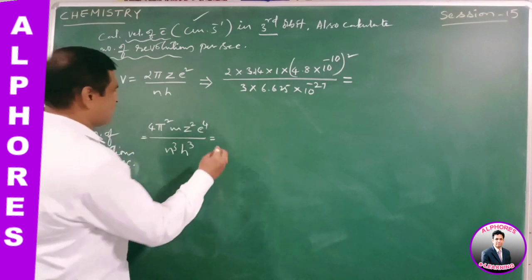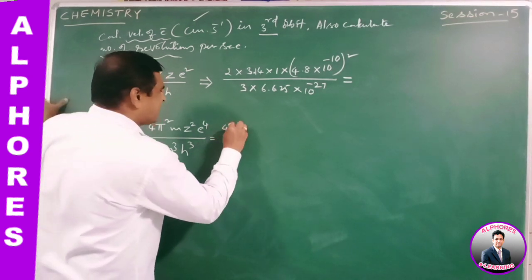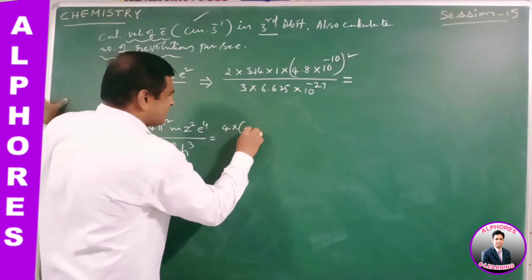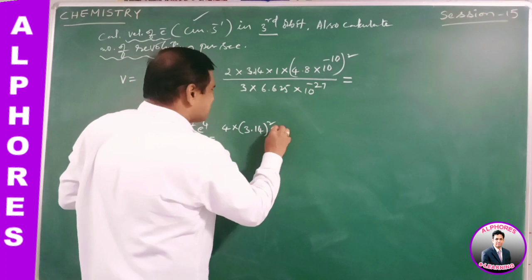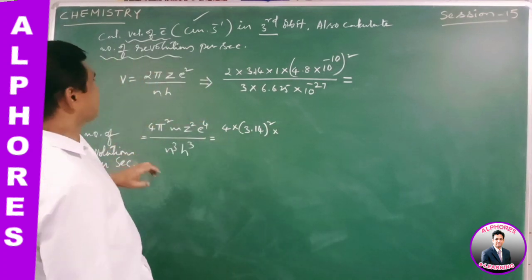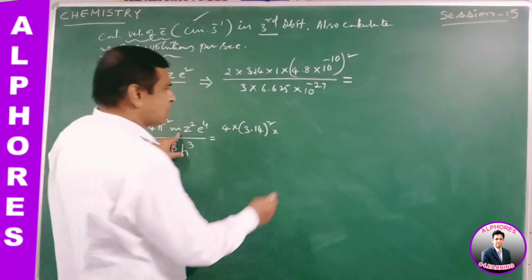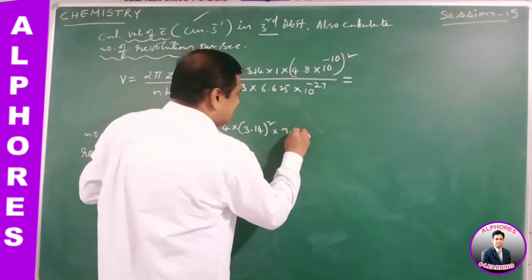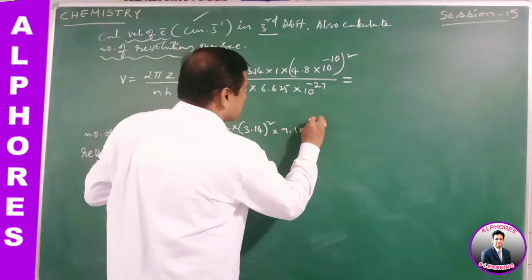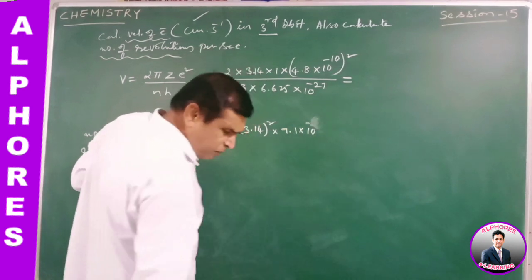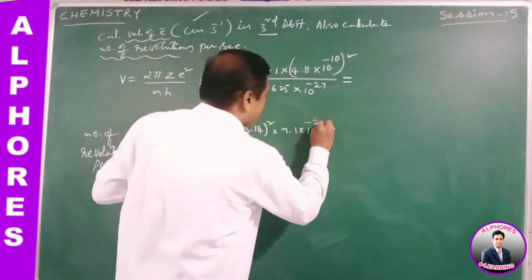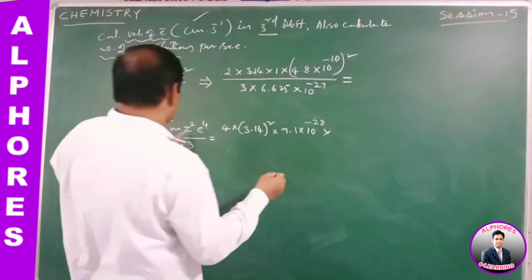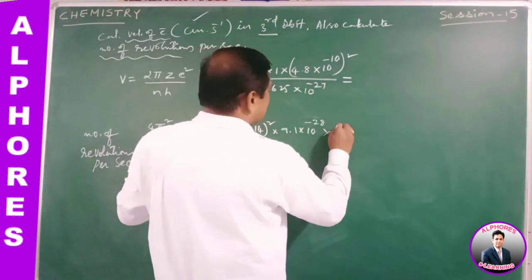That is 4 into π², that is 3.14 squared, into the mass of the electron, 9.1 into 10 to the power minus 28 grams, into Z², the atomic number of hydrogen, which is 1.